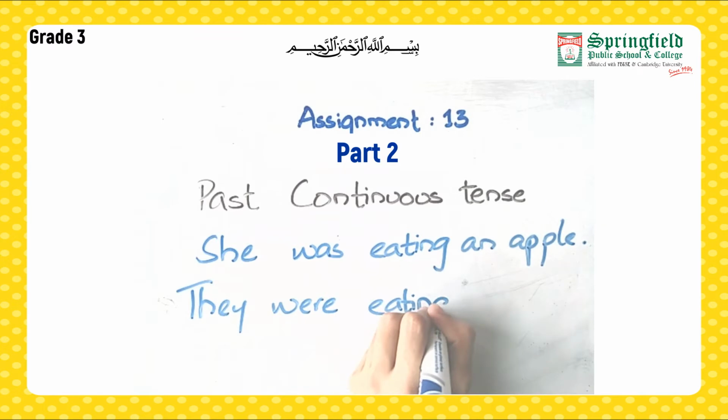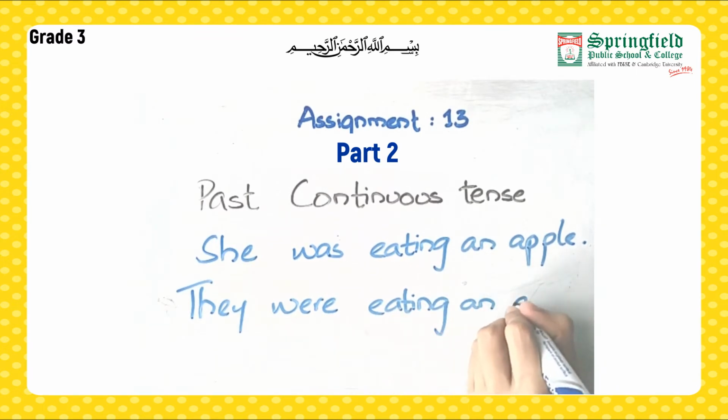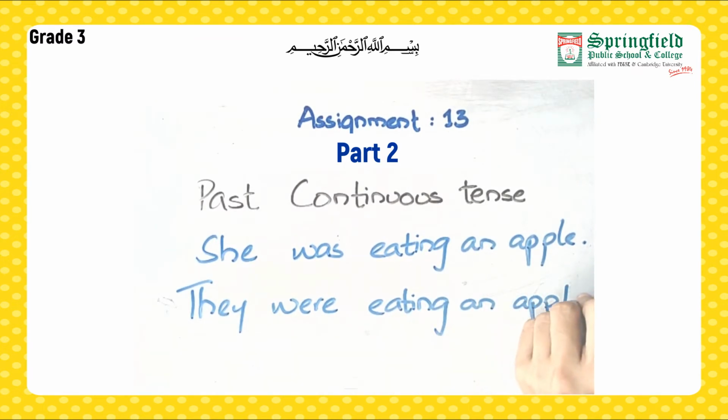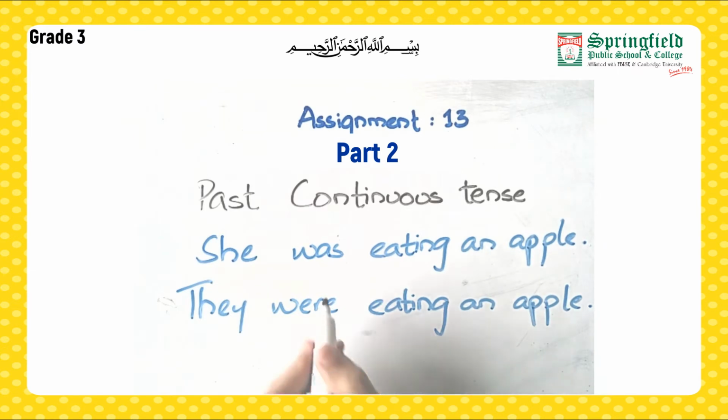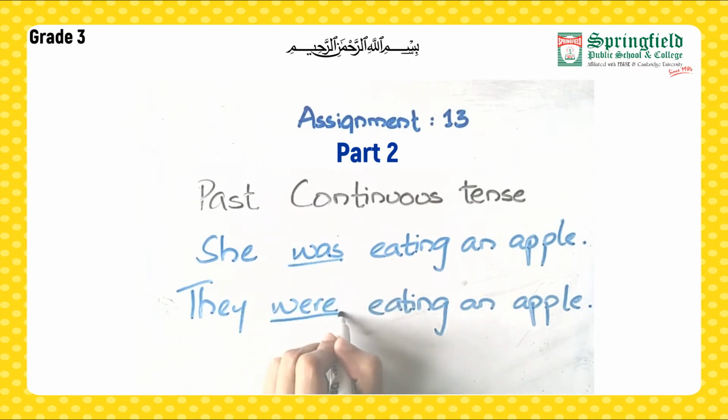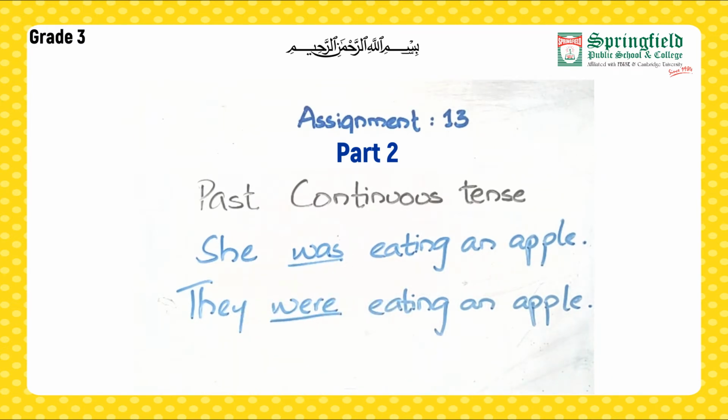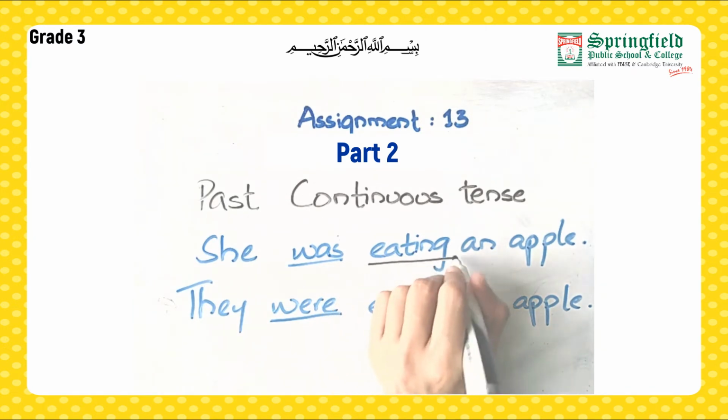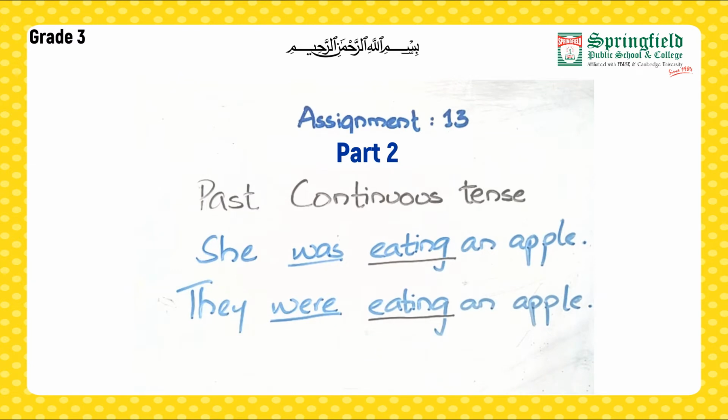They were eating an apple. As you can see in these sentences, was and were indicate the past, that is simple past of verb to be, whereas eating remains the same, the present participle form.